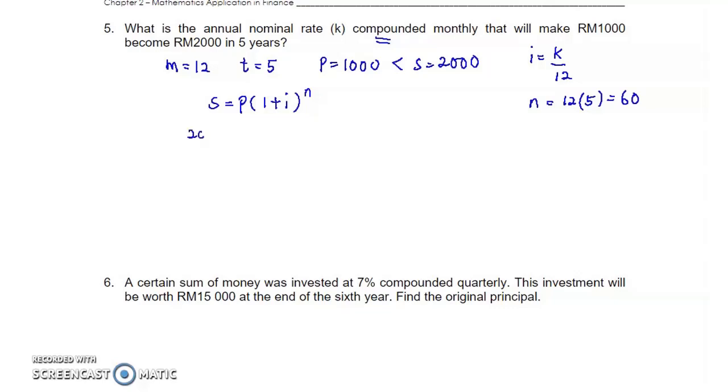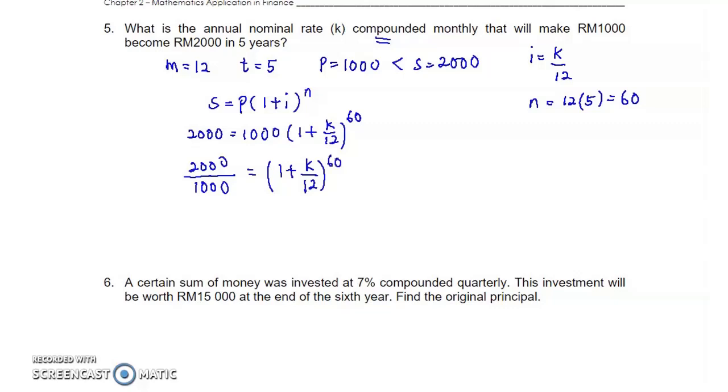S is 2000 equals P, 1000, multiplied by (1 + K over 12) to the power of 60. Bring 1000 to the left hand side: 2000 divided by 1000. So on the right hand side we have (1 + K over 12) to the power of 60.